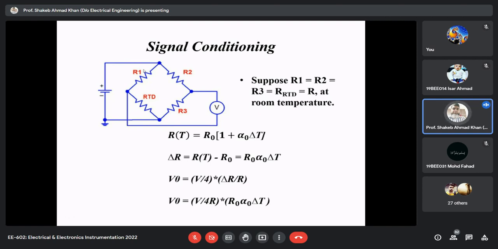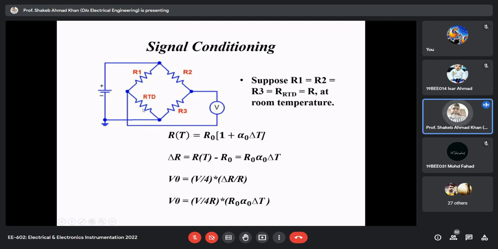In the Wheatstone bridge circuit, your RTD is converting the temperature into resistance, and the bridge will convert the change in resistance into voltage. So two stages are here. Your RTD is one stage, where temperature is converted into resistance, and your bridge is another stage, converting the resistance into voltage.